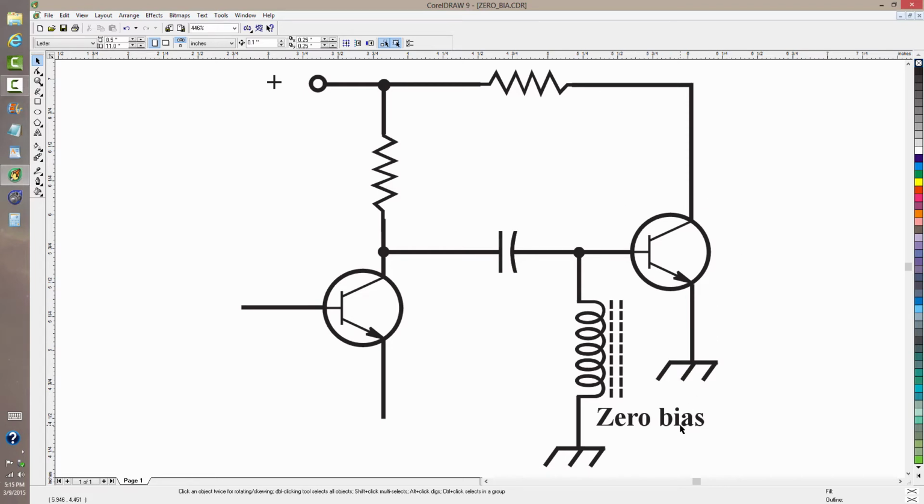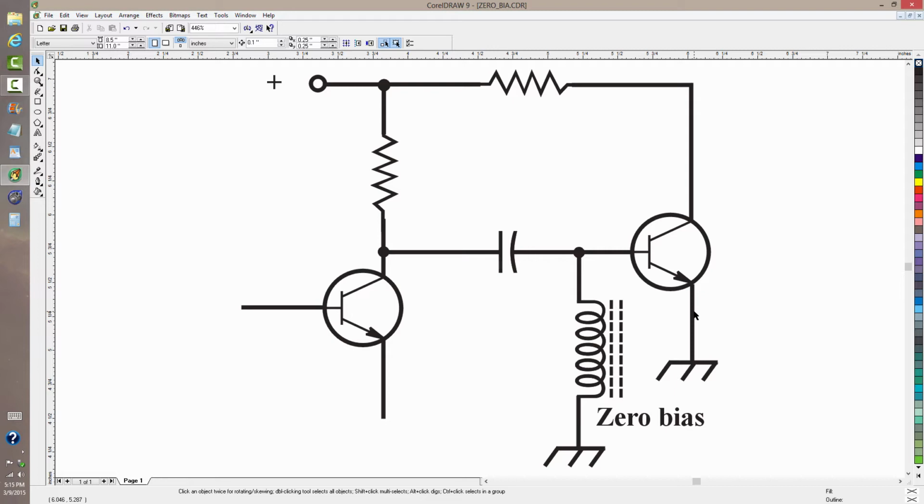By zero bias, all we mean is that the base, or the control electrode, is at the same DC potential as the emitter, or basic electrode that serves as the ground usually for the DC part of the system.